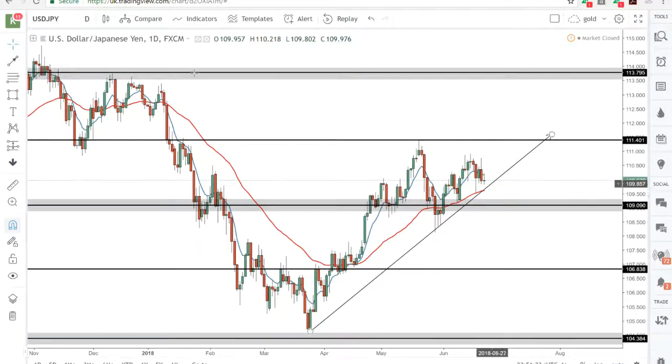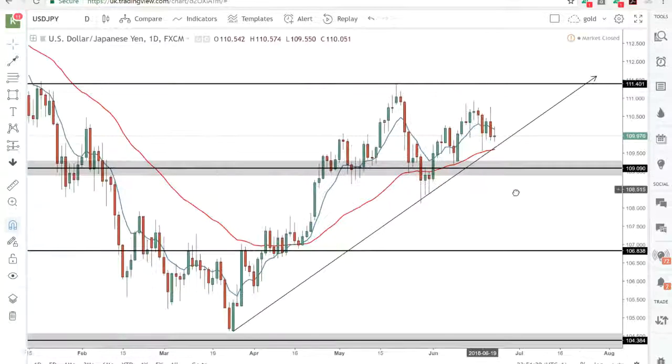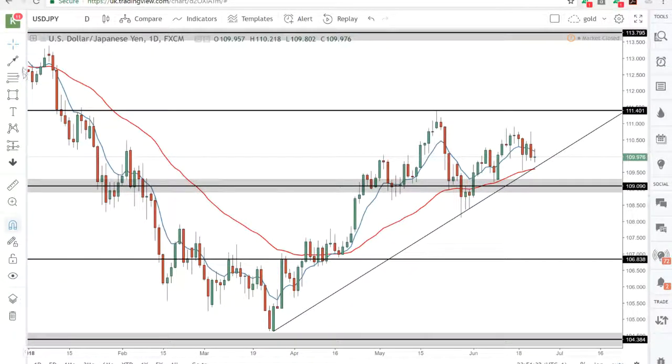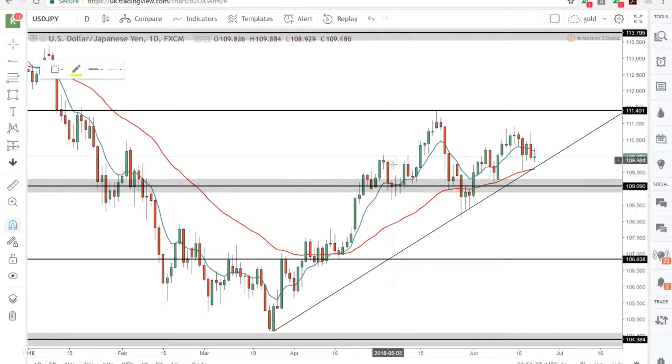But once again, on the daily, as a matter of fact, we could actually just draw in one level of support just in here. As you can see, price is responding to this on the daily time frame. It's currently sat above it the past 4 days now.